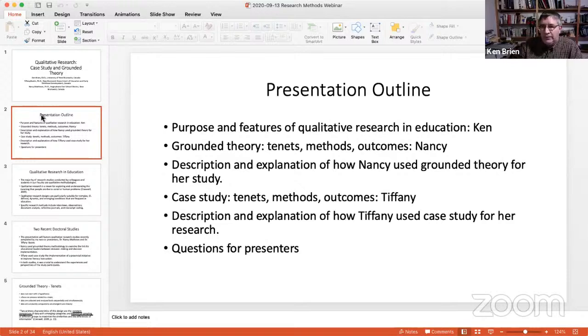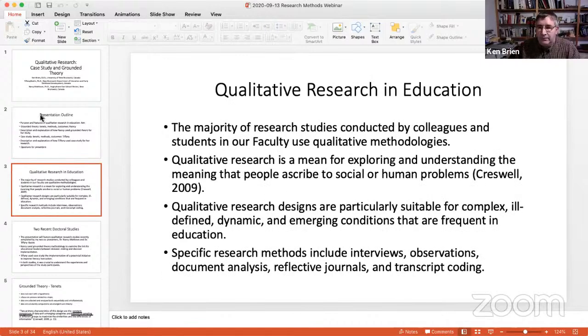I'm going to start by outlining qualitative research features and purposes. Then Nancy's going to speak about grounded theory and in particular describe a study that she just recently completed using grounded theory. Then Tiffany's going to do the same thing for case study, talk about how she used it and why she used it for her study. And then we'll take questions from the presenters or from the audience.